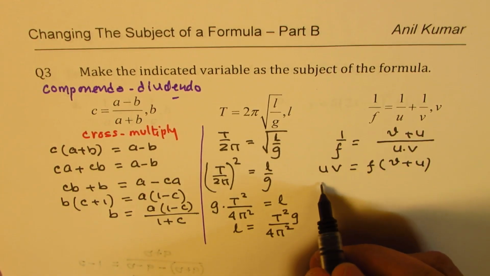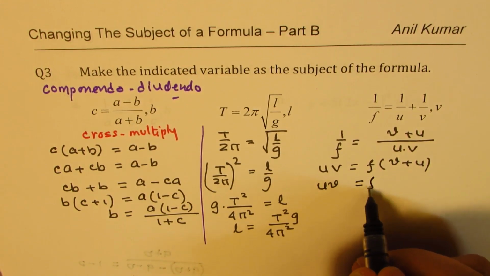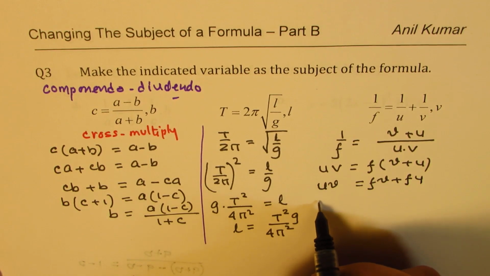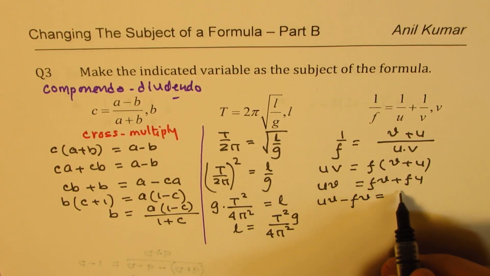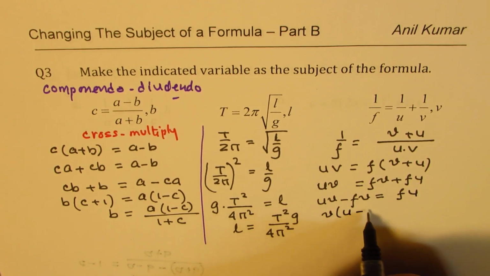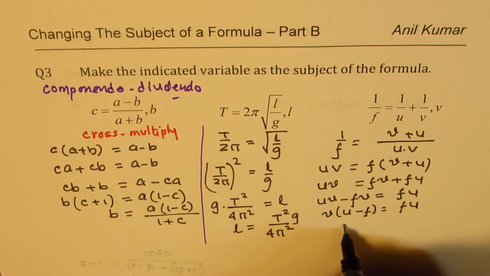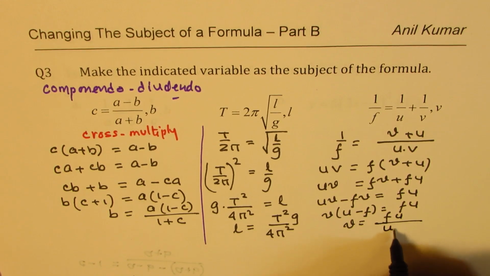So we'll actually get uv equals, opening this bracket, fv plus fu. Bring fv to the left side, so you get uv minus fv equals fu. Take v common, so you get v times (u minus f) equals f times u. So now we can write v equals fu over (u minus f).